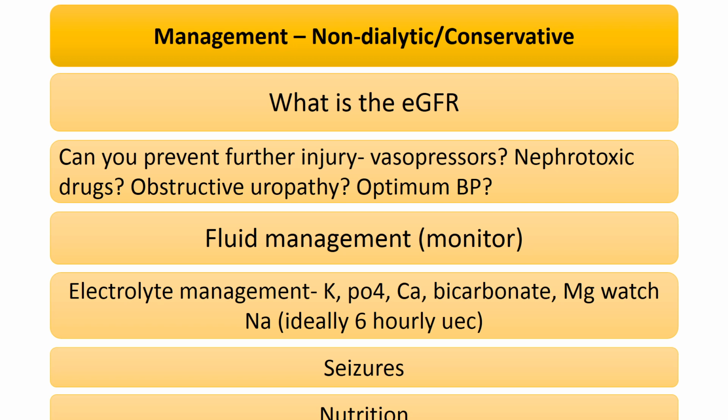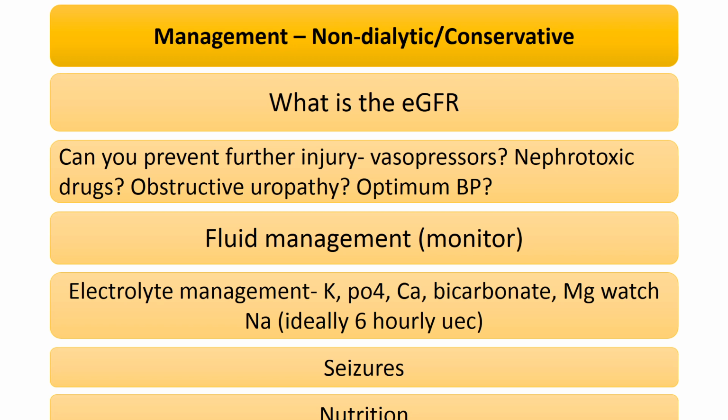If the patient is, for example, nil by mouth because they have paralytic ileus or they are post-surgical patients, then obviously that fluid will go in IV. Depending on the potassium status of the patient, we'll try and stay away from potassium containing fluids, unless of course they are deficient of potassium, in which case we'll replace it.